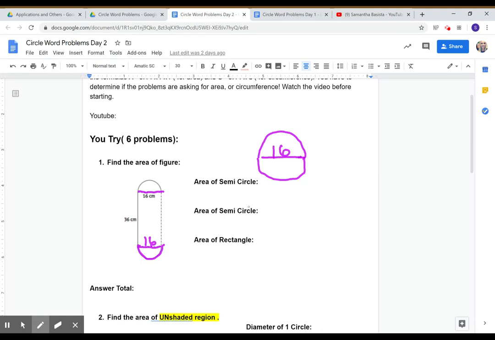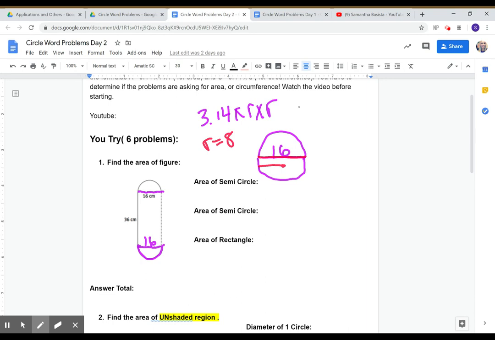If I was to find the area of this whole circle, I do the formula 3.14 times radius. The 16 isn't my radius because it goes through the whole entire circle, right? Radius is always half. So what is half of 16? My radius would be 8.